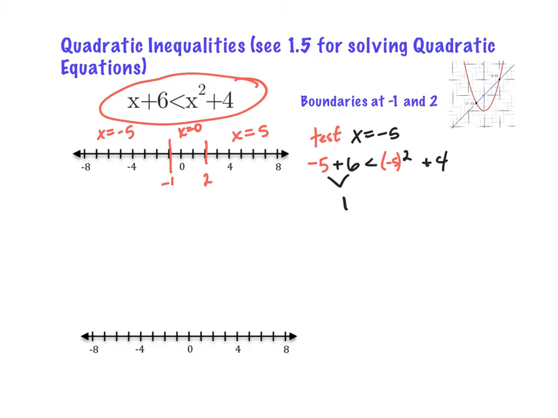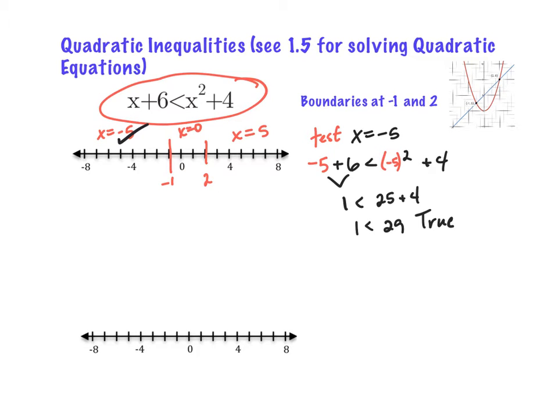I'm going to drop down less than, and then -5 squared is 25 plus 4. So I have 1 is less than 29. And that is a true statement. 1 is certainly less than 29. So this section, that works just fine.